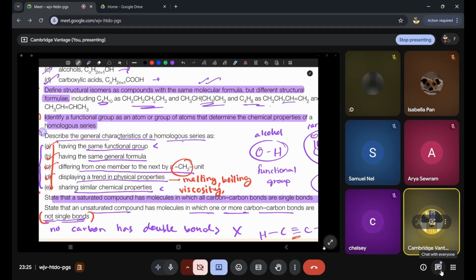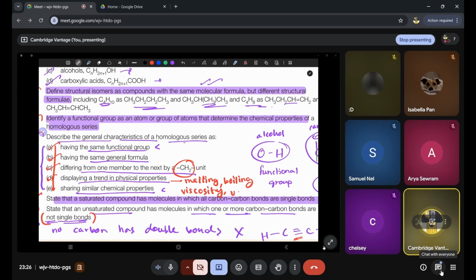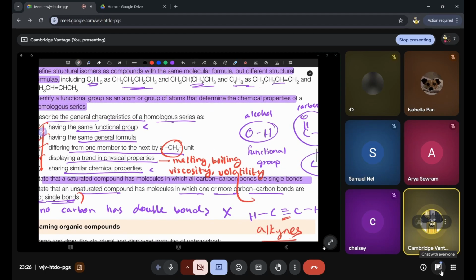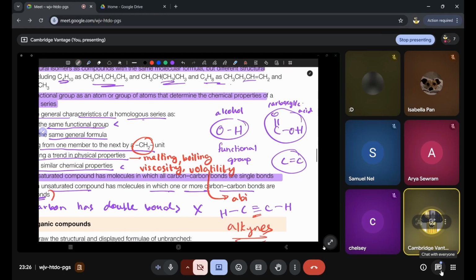It was related to it vaporizing. I forgot the exact term we used. Melting point, boiling point, viscosity. There was a fourth one. Oh, volatility, right. Volatility is just the ability to vaporize.